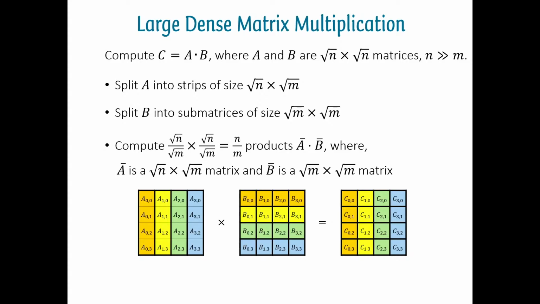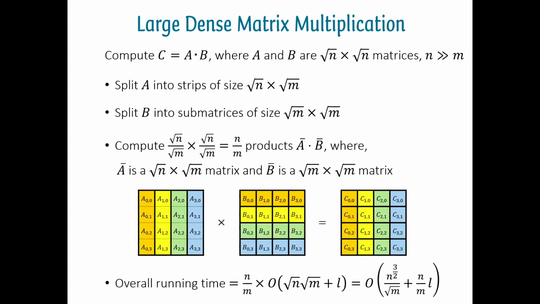Then you make N over M calls to the tensor unit to multiply. This strip with this one will update this column, and then the next one, and so on. It's as straightforward as that.